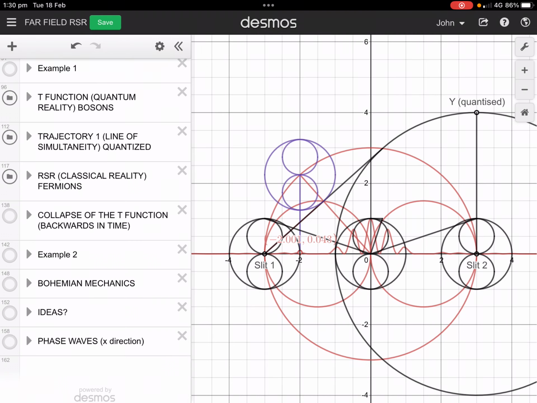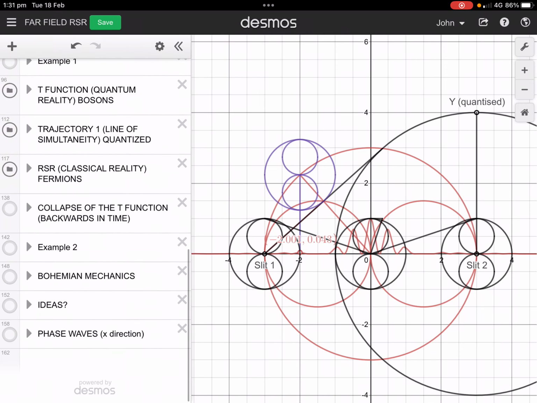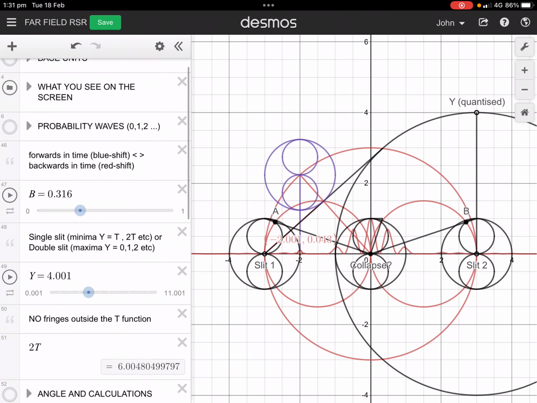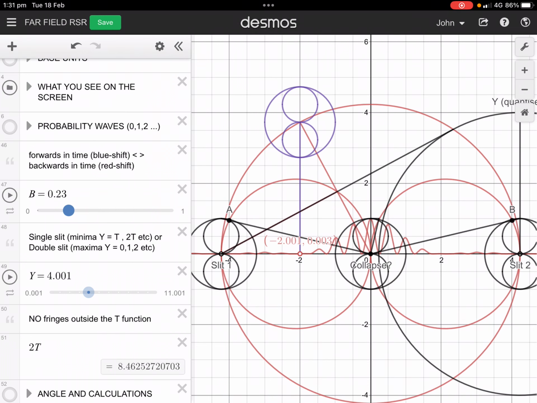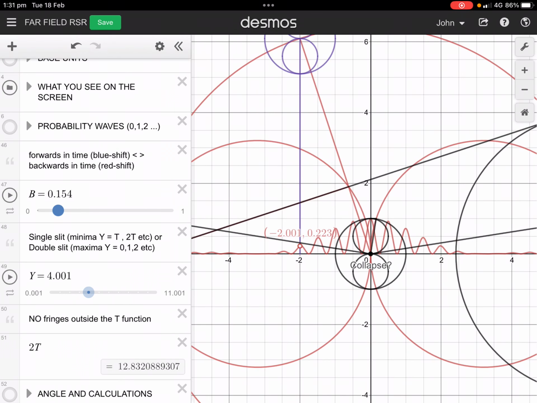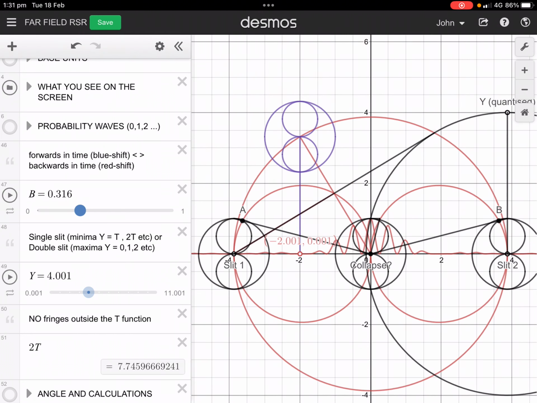Normally I draw my relativistic slide rules, and this is probably the most common interpretation, which is time going forward, and then it just goes backwards.